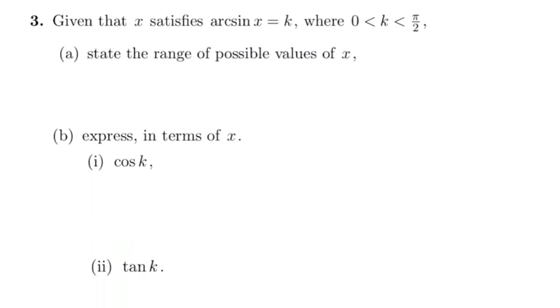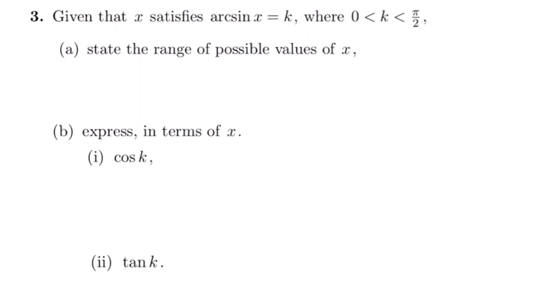Now we'll have a little look at this last question. It says, given that x satisfies arc sine x equals k, where 0 is less than k, which is less than pi over 2, state the range of possible values of x. Now the first thing I'm going to do is over here, I'm just going to draw the arc sine graph. Now if you remember, the arc sine graph looks like this. And it goes from -1 to 1.